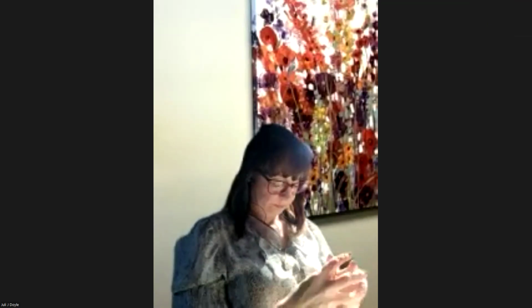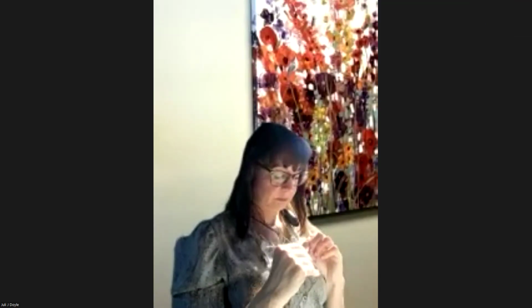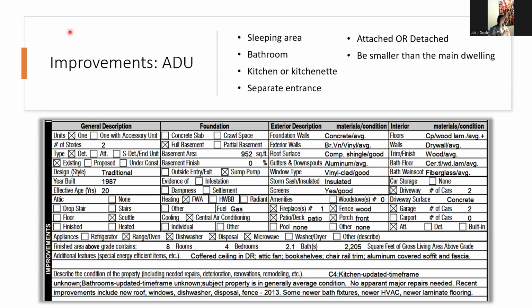But bottom line, all right, let me get back to my slideshow. The bottom line is that the appraiser is the eyes and the ears of the underwriter. The appraiser goes out and tells the underwriter how much the property is worth.